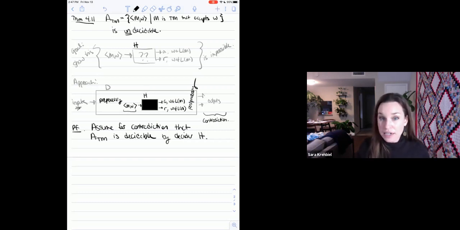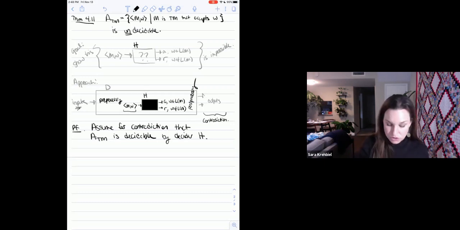And if it's decidable, then there exists some Turing decider H that decides the language. So this is why I'm drawing H as a black box, because I have absolutely no idea what H looks like. I just know the way its inputs and outputs behave.